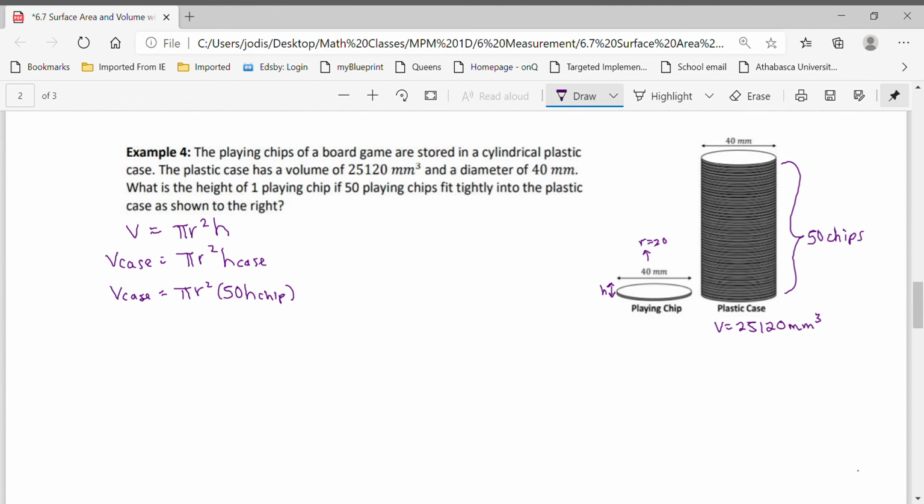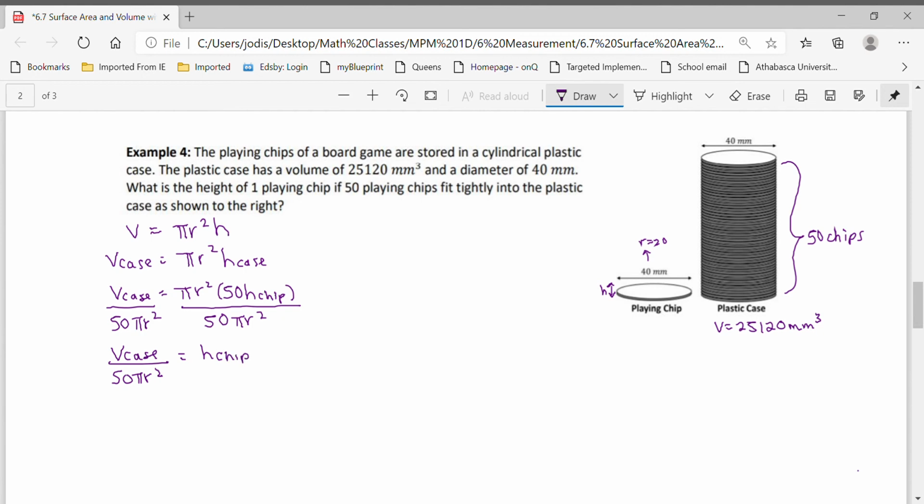In order to do that, right, we're going to divide both sides by 50 and pi r squared, right? Because then that just leaves us with the height of the chip. So we've got the volume of the case over 50 pi r squared, and then that just equals the height of the chip.